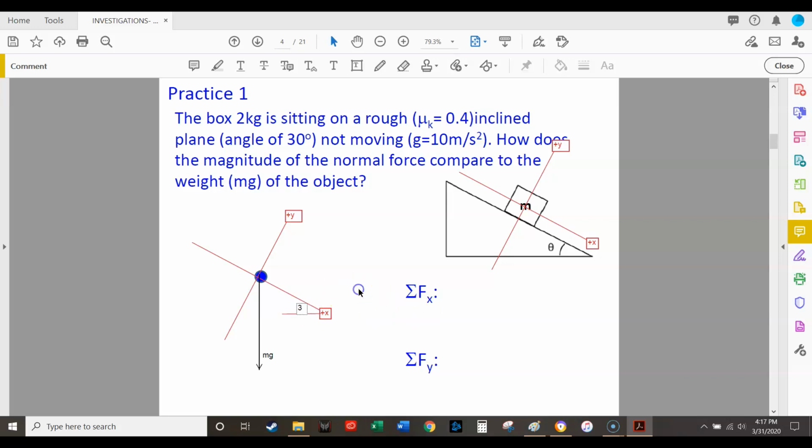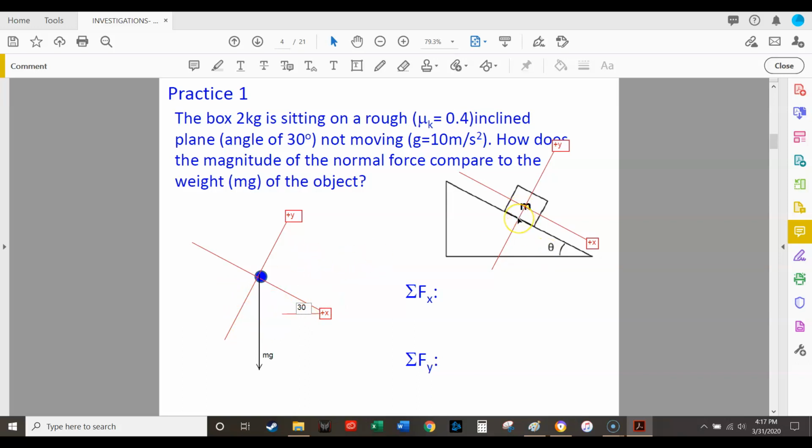So this is 30 degrees right there. Yep, made it a little bit too small. All right. So here's our object right here, and it's going to have a line right to there. Now that we have mg, we're going to wait to break that up into the sines and cosines. All right, let's draw the other forces.